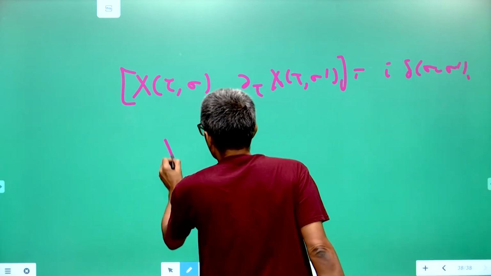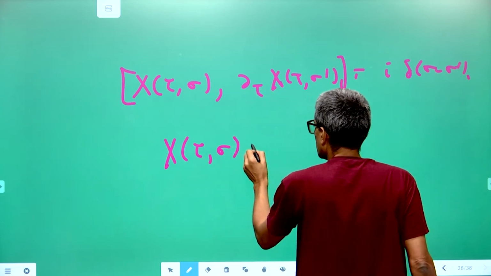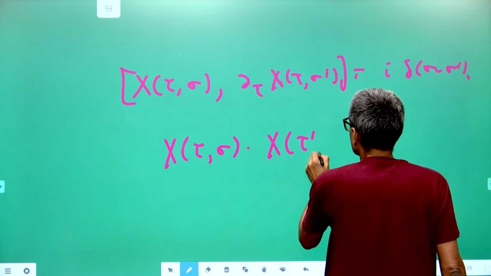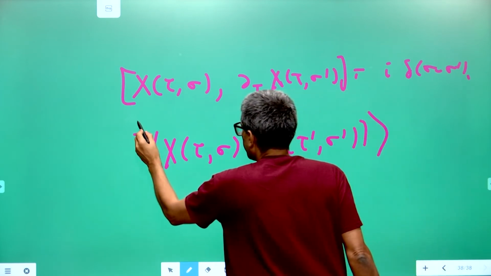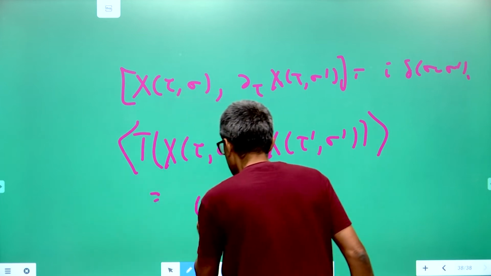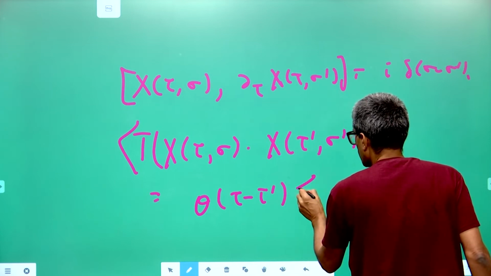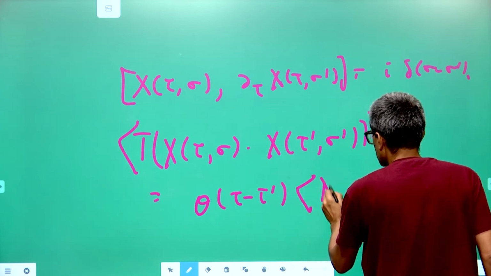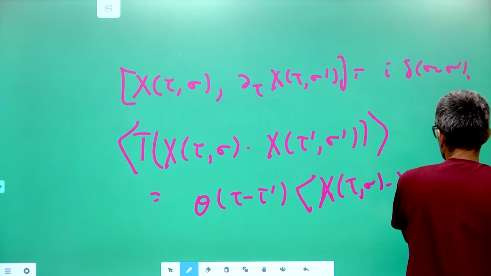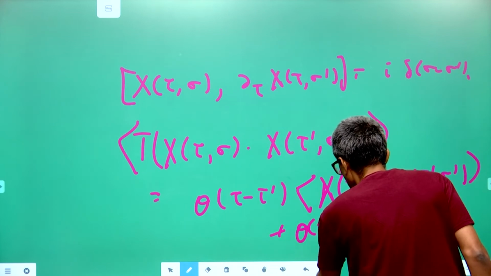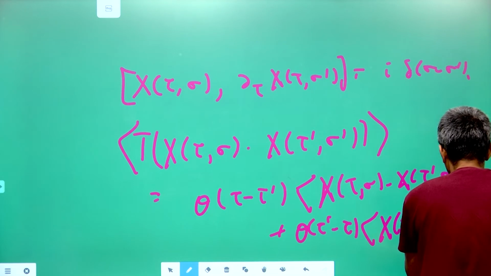So if you want to compute the propagator, X(τ,σ) multiplied by X(τ',σ'), the time ordered version, and its vacuum expected value, by the same logic I can write this as θ(τ−τ') times X(τ,σ)X(τ',σ') plus θ(τ'−τ) times X(τ',σ')X(τ,σ).